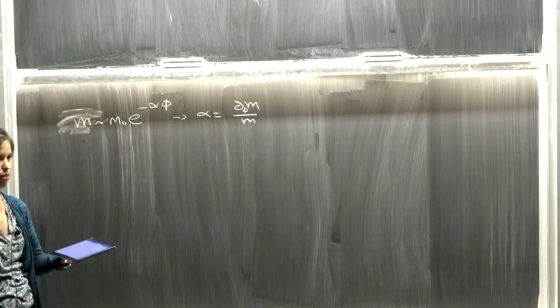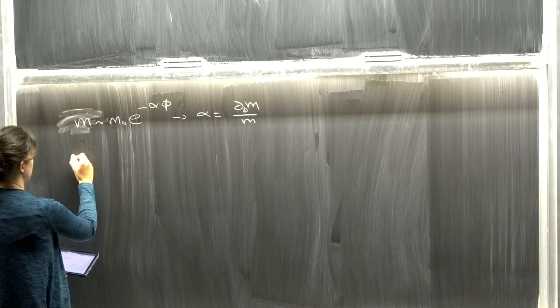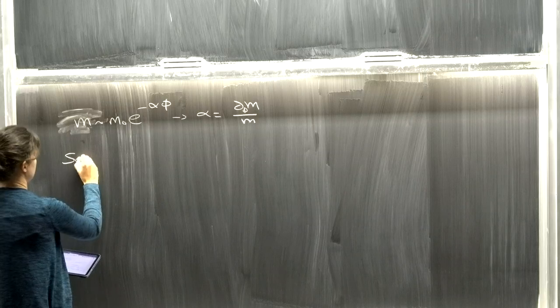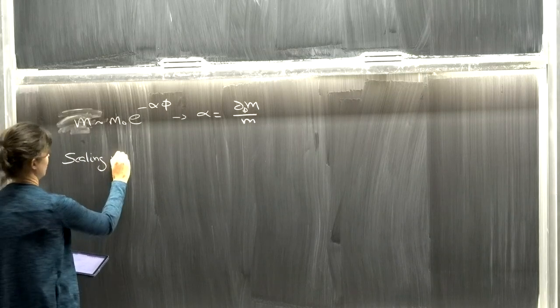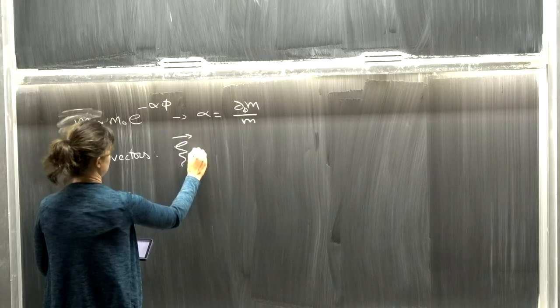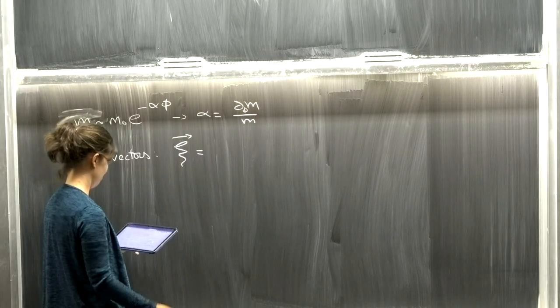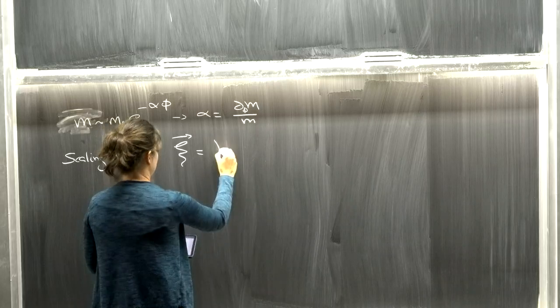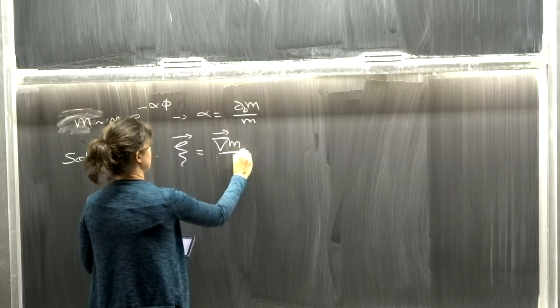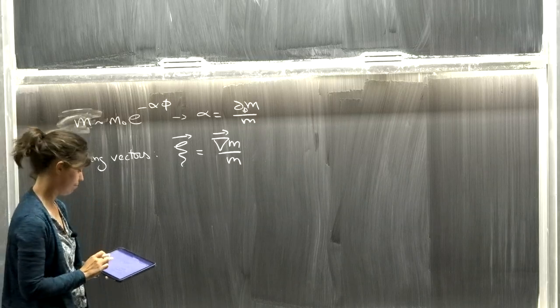In general, we have a multidimensional moduli space. So let me define what I'm gonna call these scaling vectors. Sometimes they are defined with this chi. So it's just the gradient of the mass over the mass, but now it's a vector because we have several directions, right?